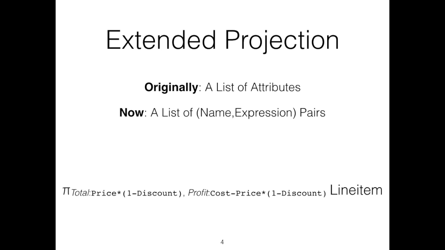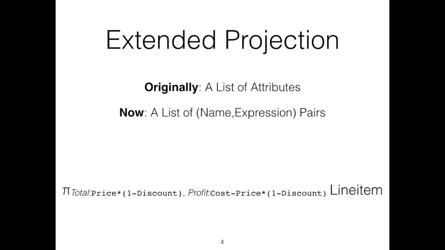In extended projection, instead of giving a list of attributes, we're going to instead give a list of expressions, arithmetic or any kind of computation that reads in scalar values and produces a new scalar value. So, for example, I might have a relation called line item that tells me all of the line items on orders that have been placed.